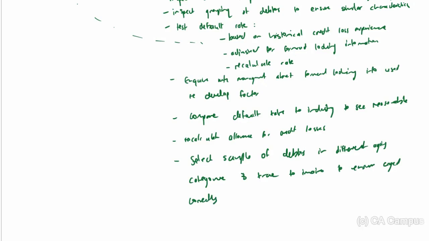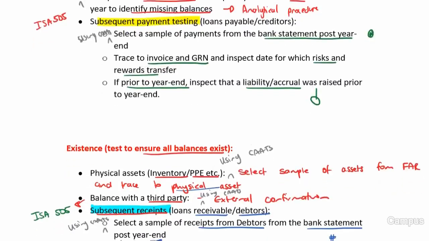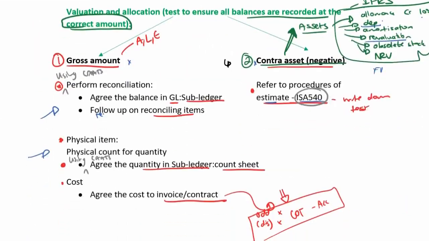Guys, I just want to take you to valuation, where we did substantive procedures so that you can see how all of this is relevant to those standard procedures we had for valuation. So first of all, there were your general procedures. Then you go down to valuation, because we were only doing valuation.